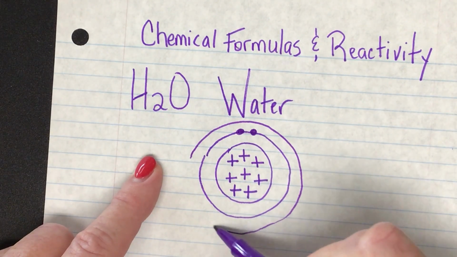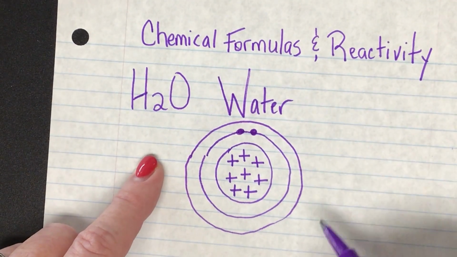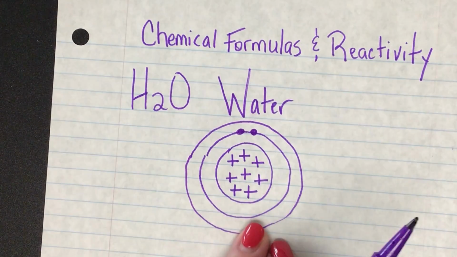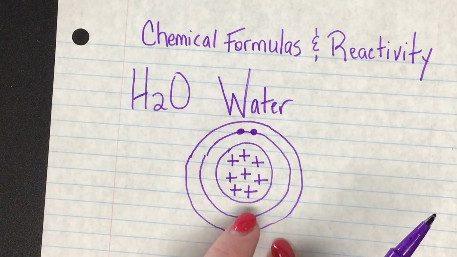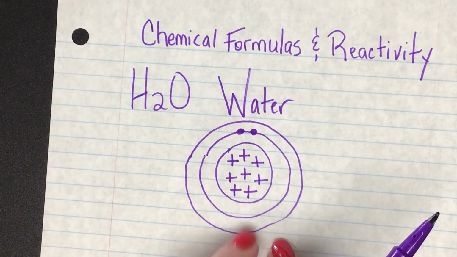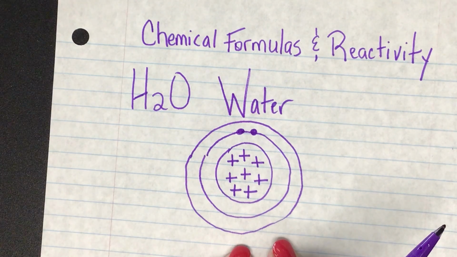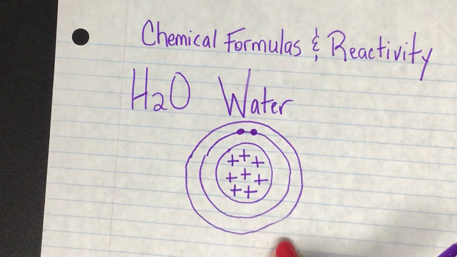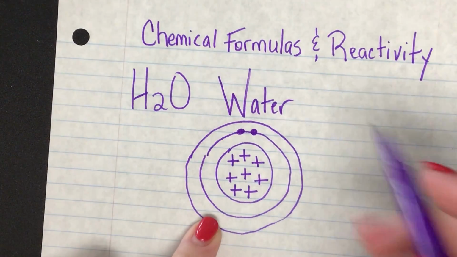And we learned last unit that oxygen is going to be on which period? Do y'all remember? 2. Okay, good, because it does have 2 energy levels.